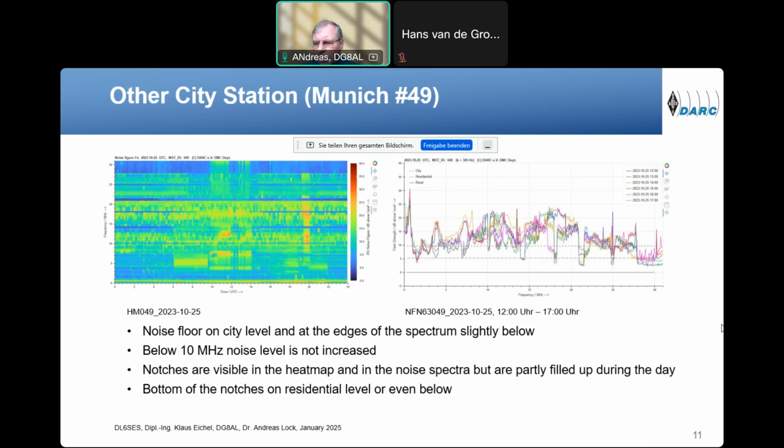But during the day, if you look at the time here, these notches are filled up with noise by unregulated noise sources. And you can also see it in the heat map.